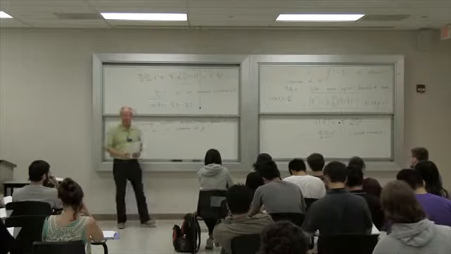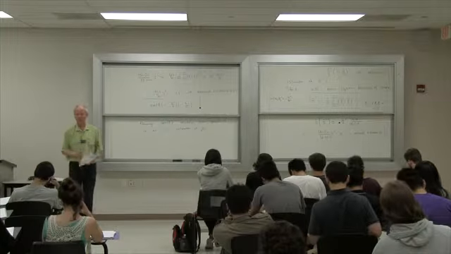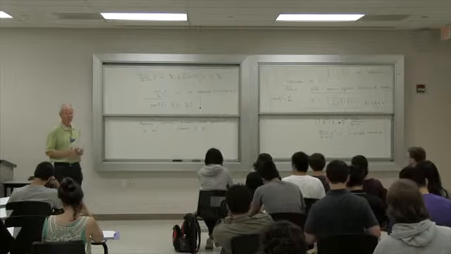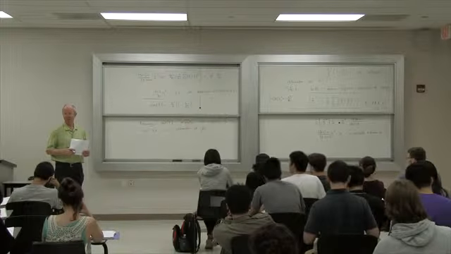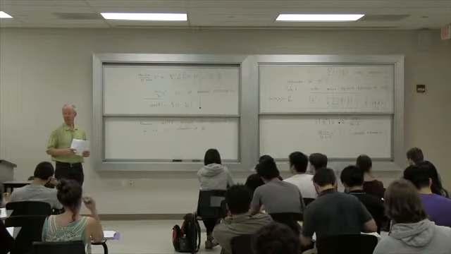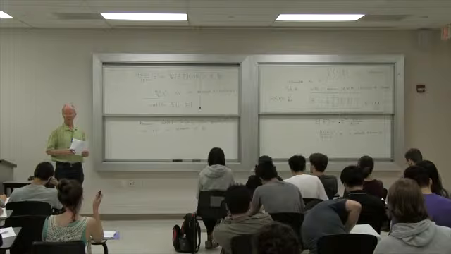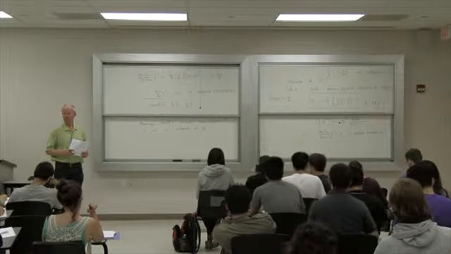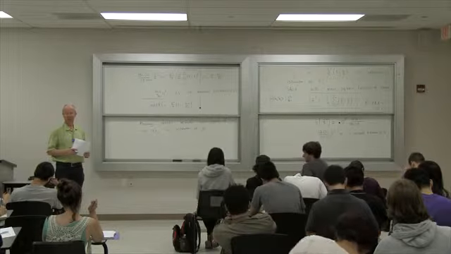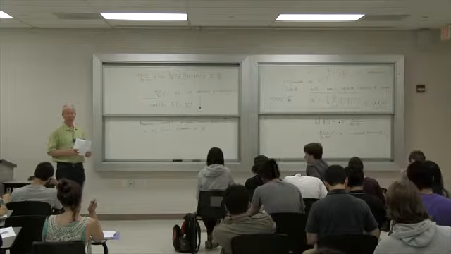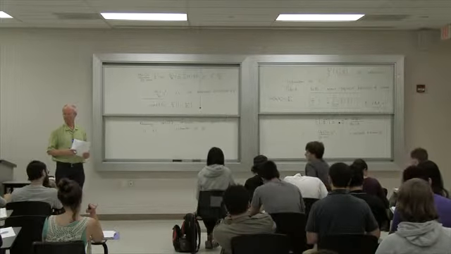If variance of x bar is 0, what would that say? There's no variation. That means it's deterministic. That means that x bar is always mu. If variance of x bar is very small, then x bar doesn't vary much from mu. But if variance of x bar is big, that means x bar can be quite far from mu.